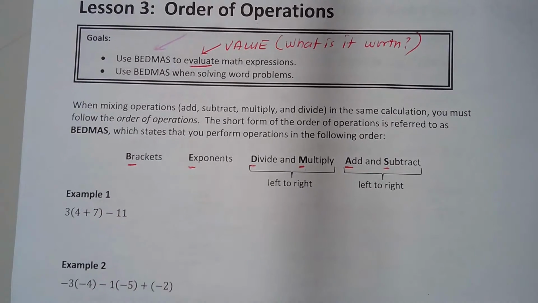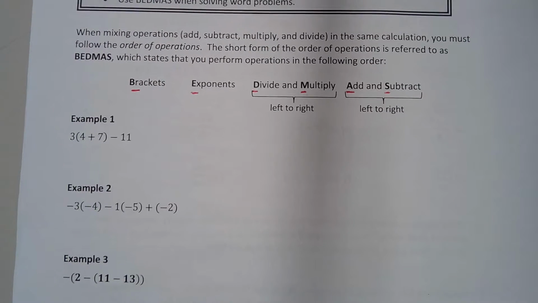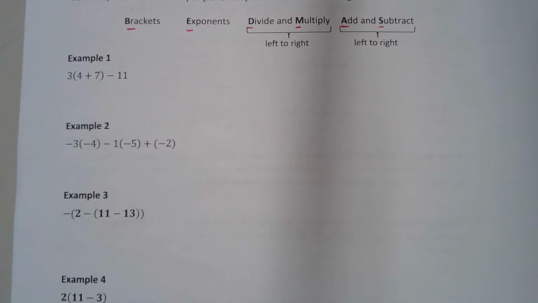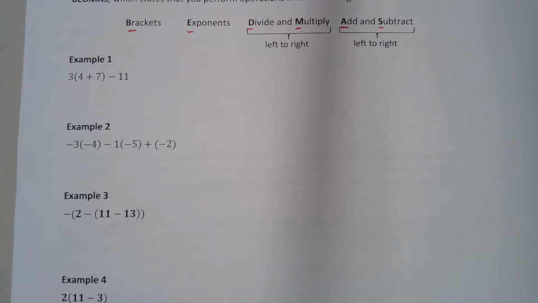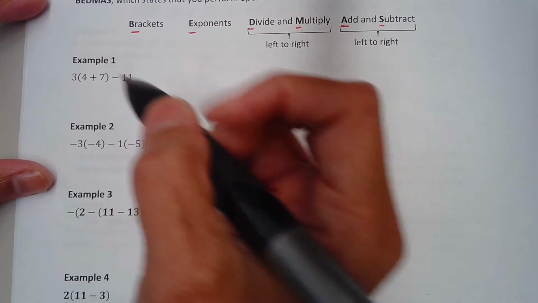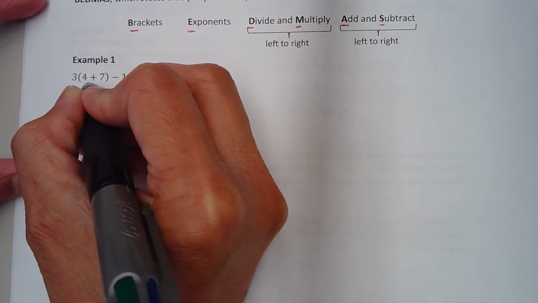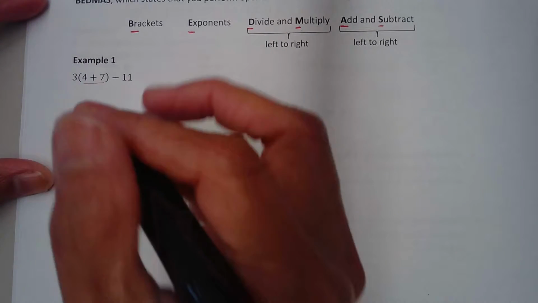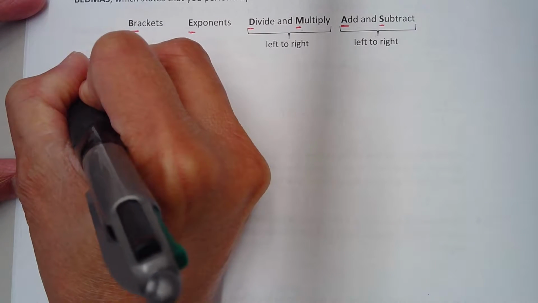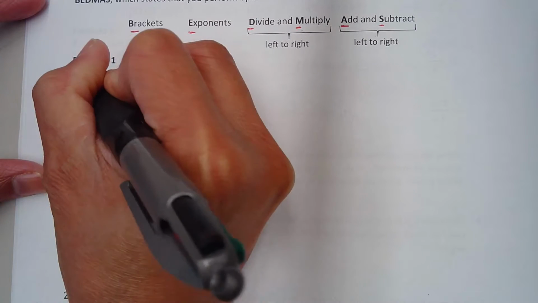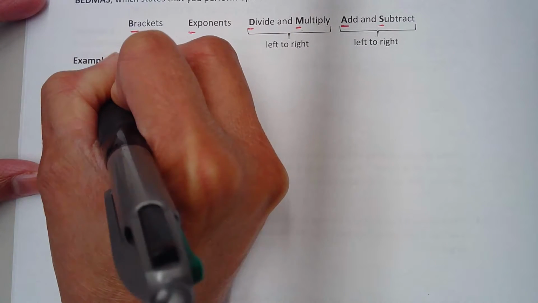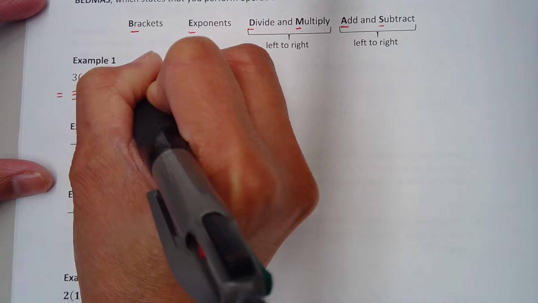So here's an example. Example number 1. What can we do first? We're going to do the brackets first. So let's work out whatever's inside the brackets right here. It's going to be 3 times 11 minus 11.